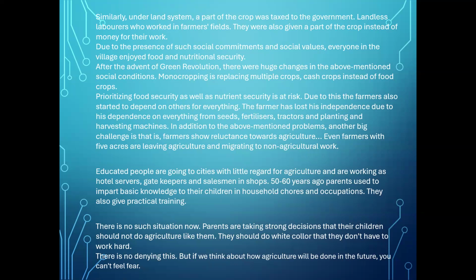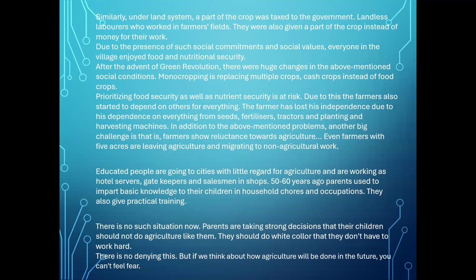After the advent of the Green Revolution, there were huge changes in the above-mentioned social conditions. Monocropping is replacing multiple crops, and cash crops are replacing food crops. Prioritizing food security as well as nutrient security is at risk.